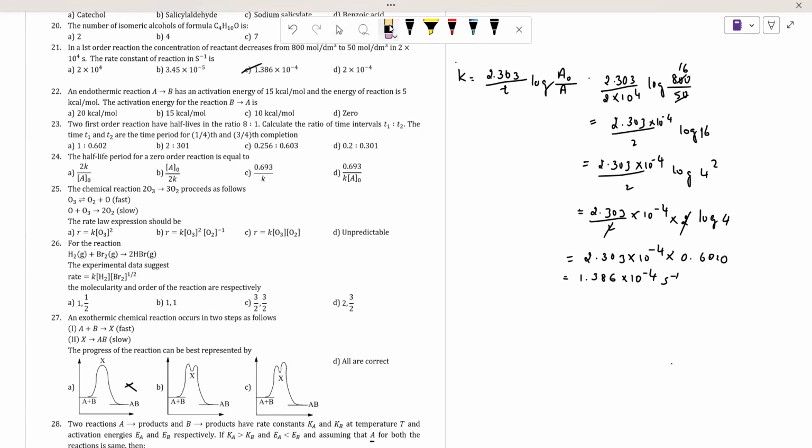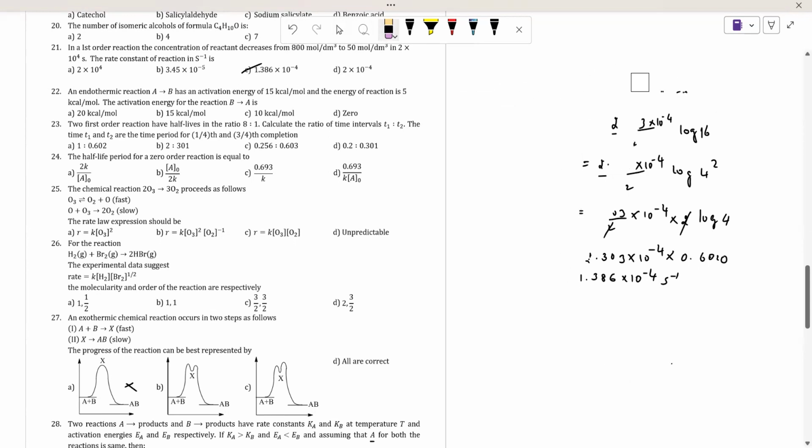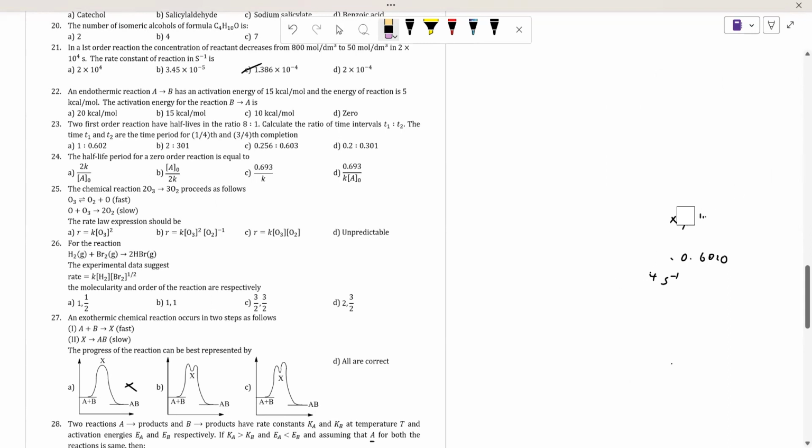Okay, now take up the next problem. So what is the next problem? It is based on the endothermic reaction. We know how to draw the graph for an endothermic reaction, but let us try to understand what exactly this question is.